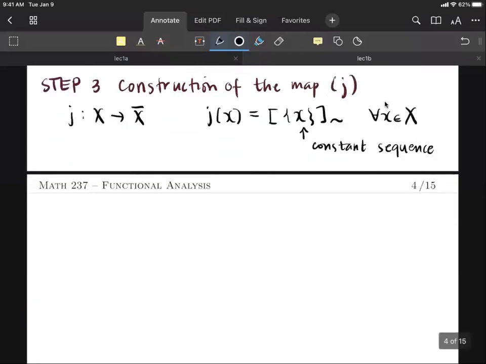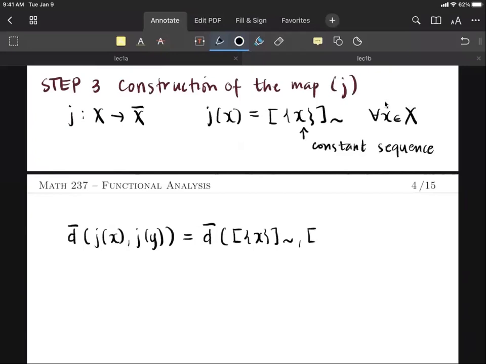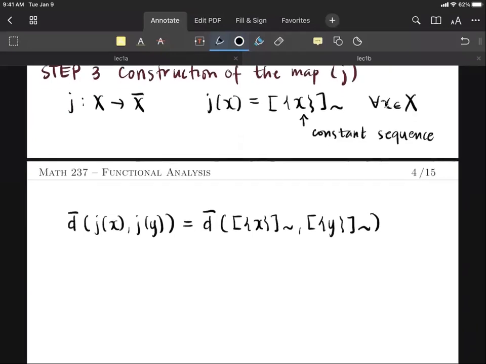Well, to see that J is an isometry, look at the distance between the corresponding images. So by definition of the map J, again, this is the distance between the equivalence class determined by the constant sequence x and the equivalence class determined by the constant sequence y. Since the sequences are constant, take note by definition, this is the limit of the distances of the terms of the sequence.